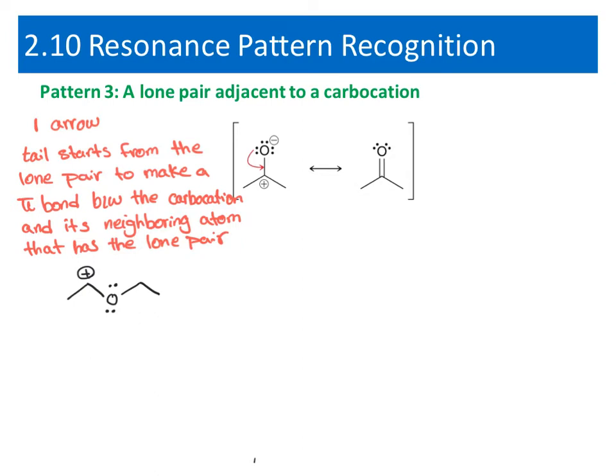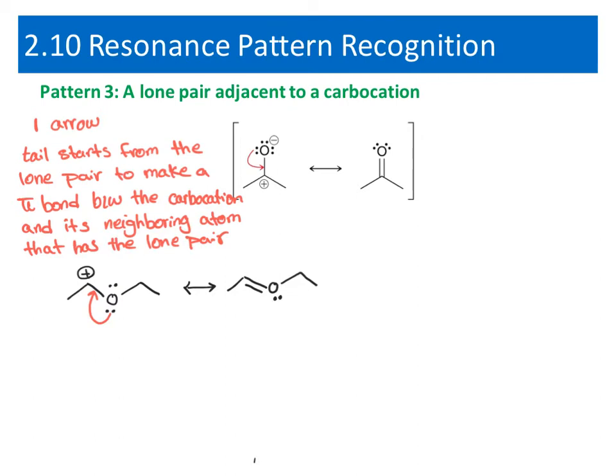So we can think of drawing the resonance structure by moving this lone pair here. Okay. So I only used one lone pair, so I should have the other one on oxygen right here.